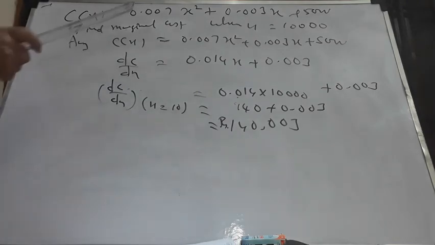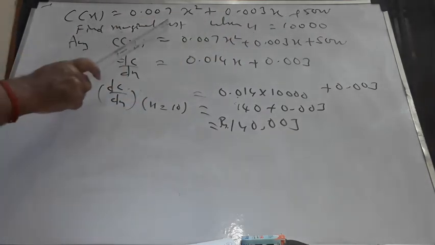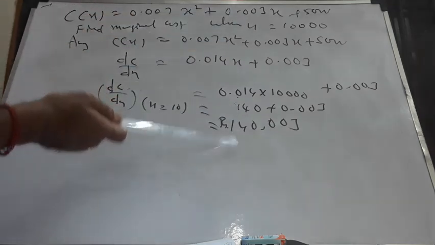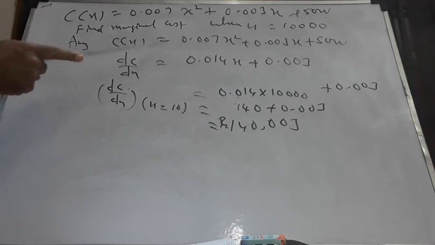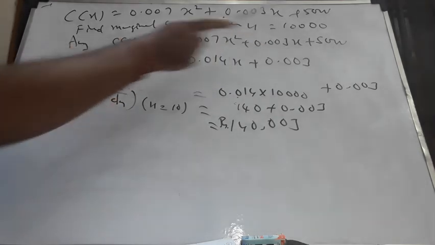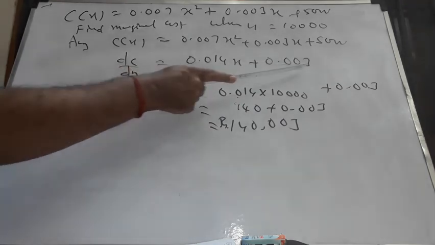Let me check whether I am right. C of x is 0.007x square plus 0.003x plus 5000. Find the marginal cost when x equal to 10,000. I call it that because when x equal to 10 it's a very small quantity, only an imaginary number. dC/dx is 0.014 into x plus 0.003.